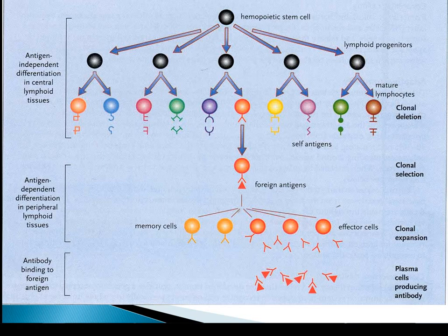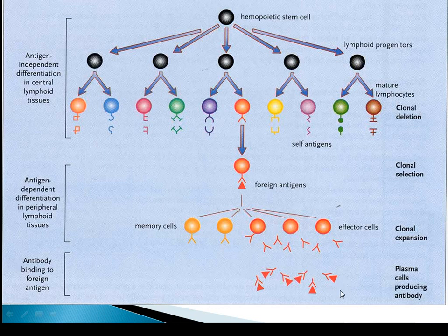Activated cells known as effector cells are responsible for carrying out an immune response. Effector cells derived from B cells are called plasma cells. In this case, they will form plasma cells and produce antibodies.